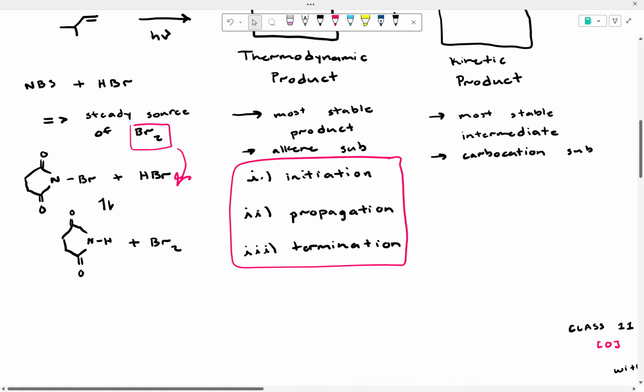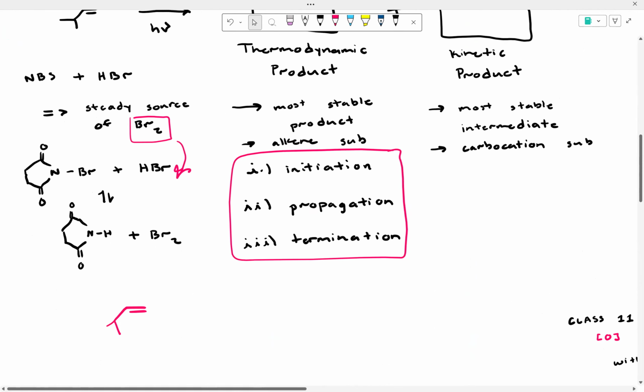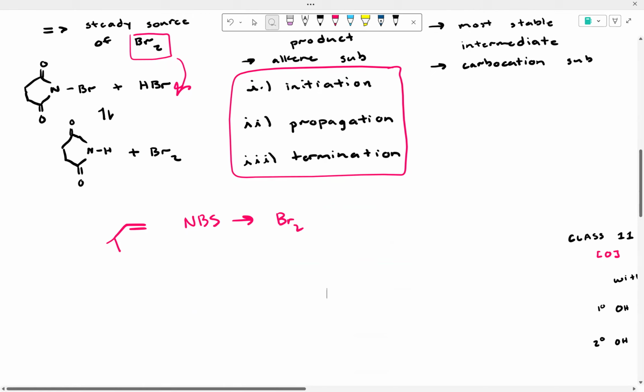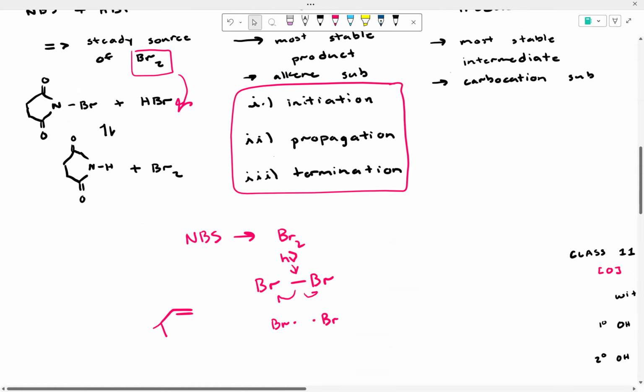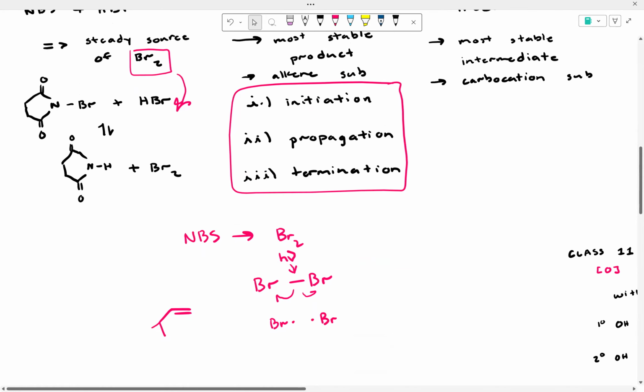When we have this molecule, NBS has created Br2. What Br2 can do is, due to light, break this bond and give 1 electron to each bromine. This creates bromine radicals in our first step, which is initiation.